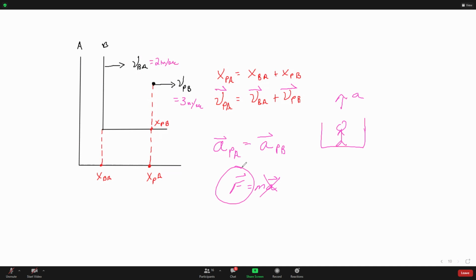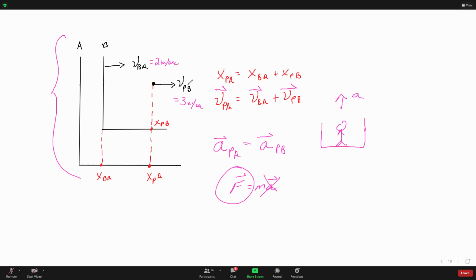So what you should do is draw the standard configuration, and assign the various things in the problem to reference frame A, reference frame B, and the particle.